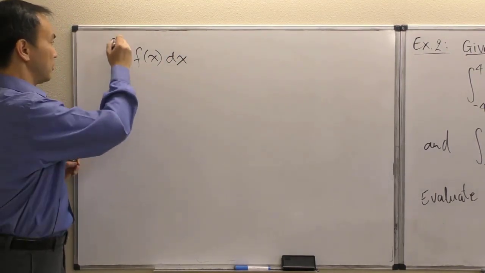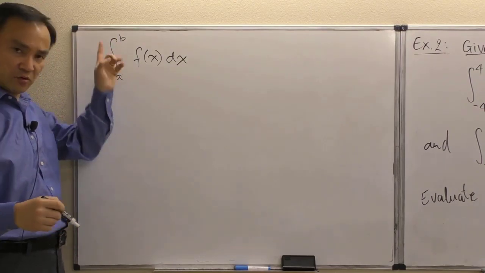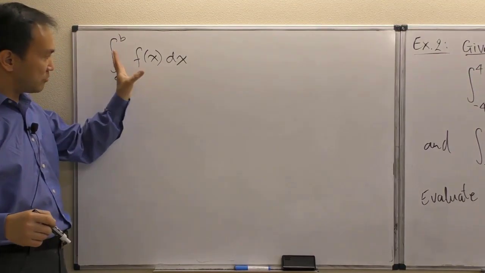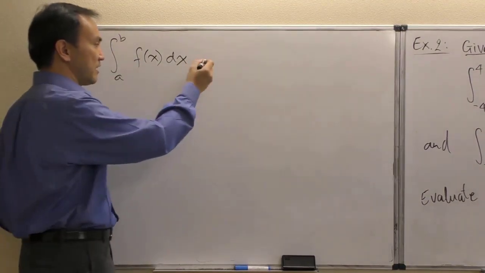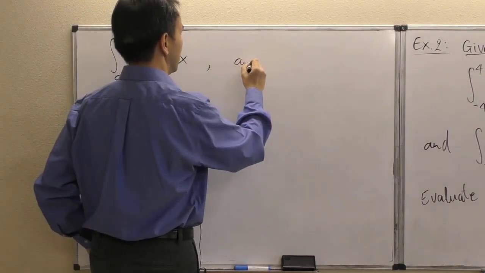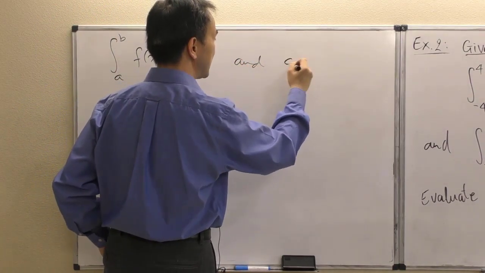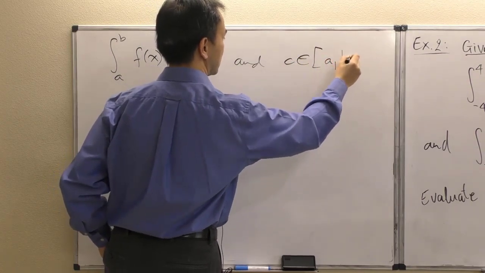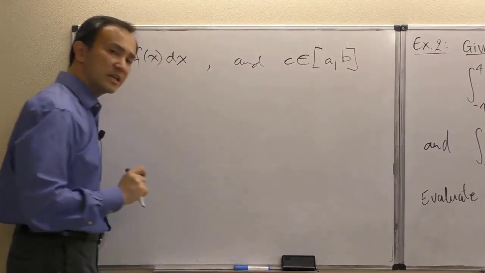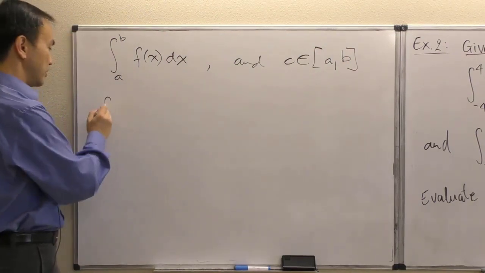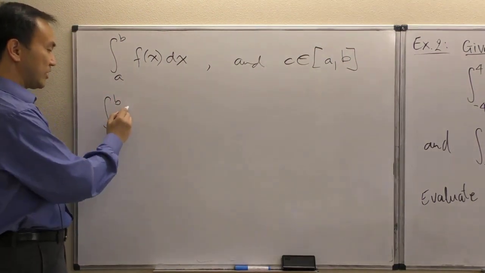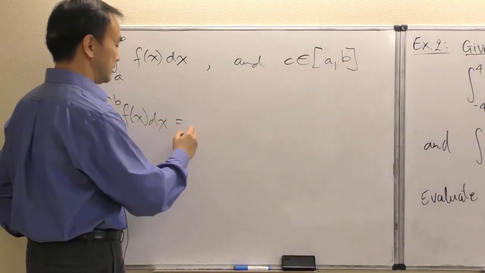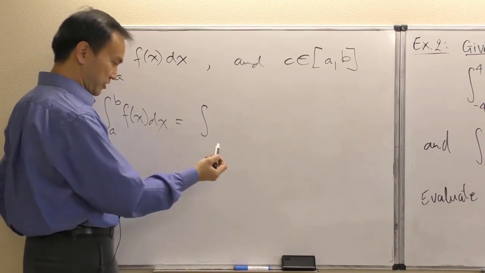And so now if we have accumulation that's going from a to b, or in other words, the definite integral, accumulating values from a to b, and further we learn that if there's a c value that is inside of the interval from a to b, somewhere inside of that interval, then the integral from a to b can be broken up into two separate accumulations.